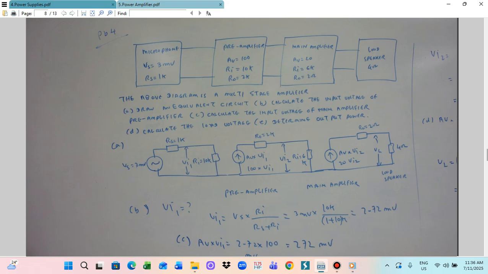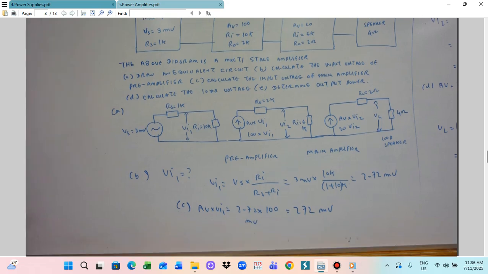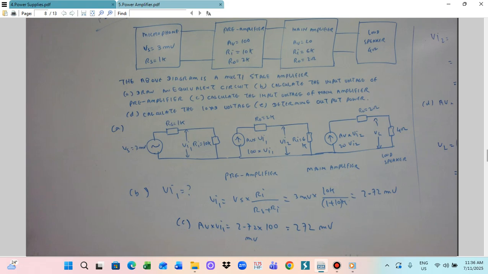Then this is AB times VI1, the voltage source, in series with the output resistance R0, 2K. In this case AB is 100, multiplied by VI1. So this is the pre-amplifier.